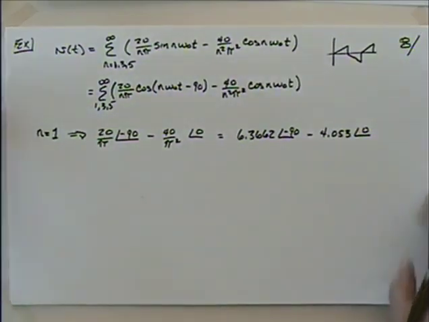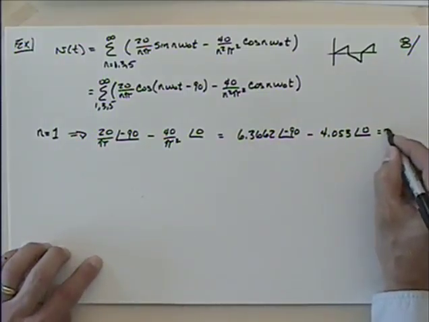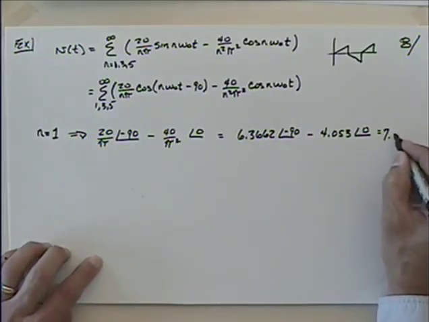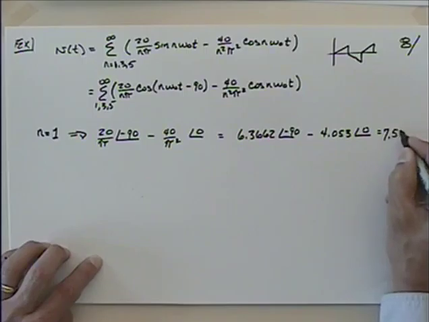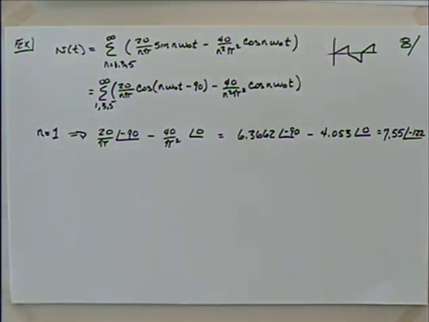So maybe I'll line these up. You get done with this, you have a 7.55 at an angle of minus 122. So that's what you come up with.